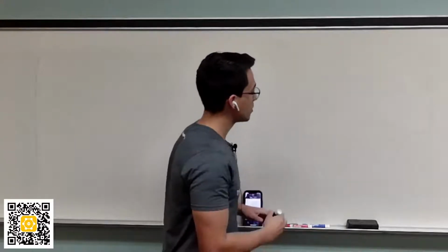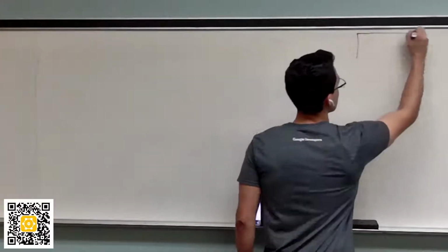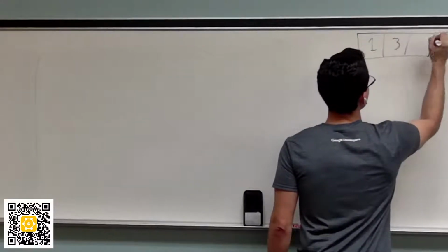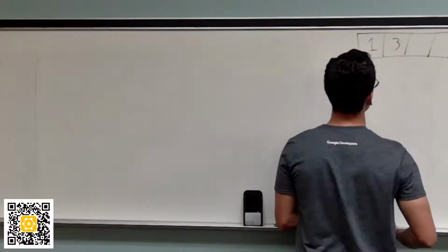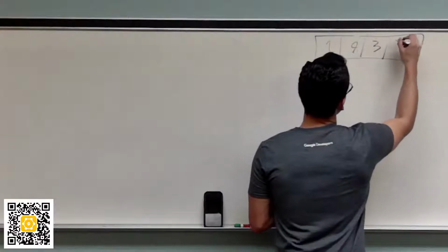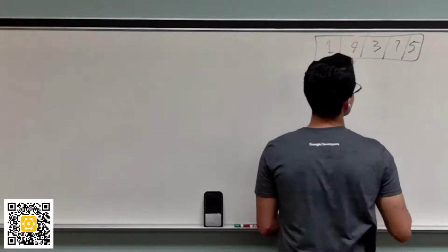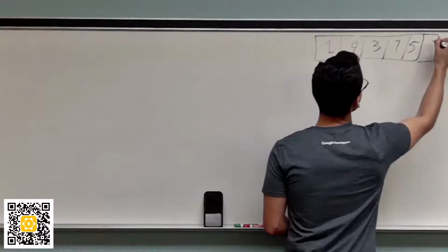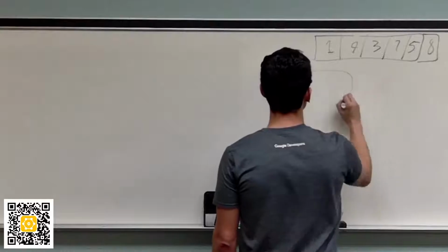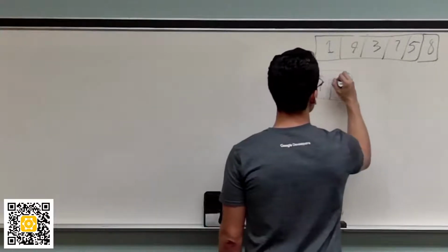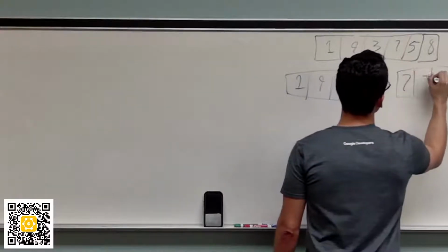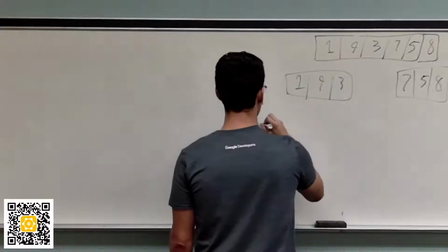In Mergesort, you get the array, and then you cut up the array into halves, and again.